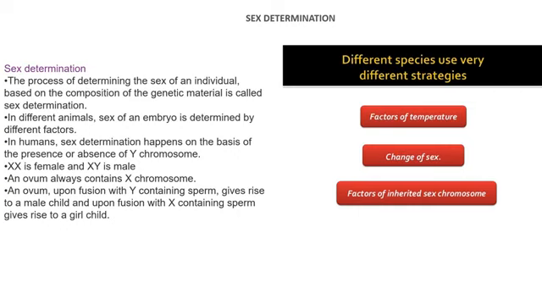Thus, in some animals, like a few reptiles, the temperature at which fertilized eggs are kept determines whether the animal developing in the egg will be male or female. In other animals, such as snails, individuals can change sex, indicating that sex is not genetically determined.